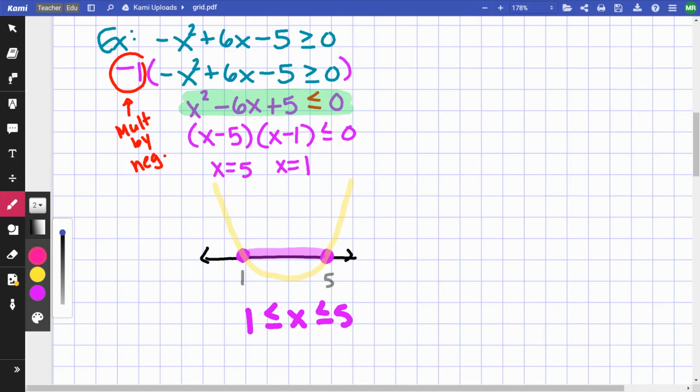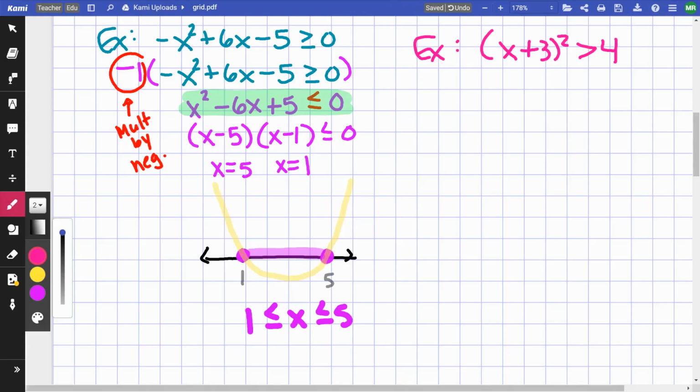The next one's going to be in a slightly different format. So this is going to be the quantity x plus 3 squared is greater than 4.